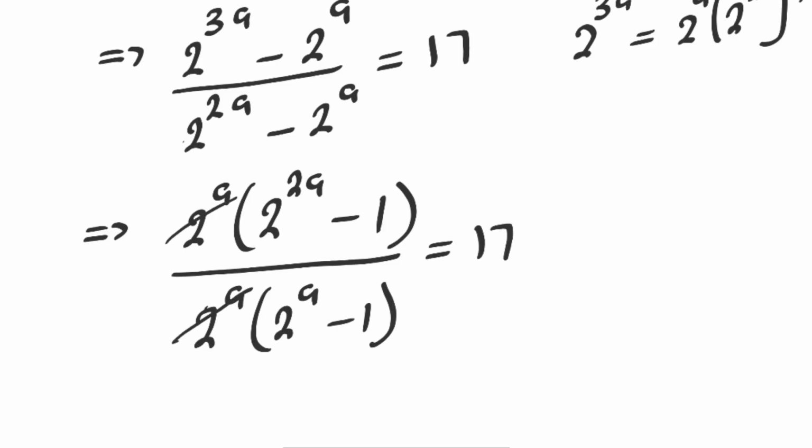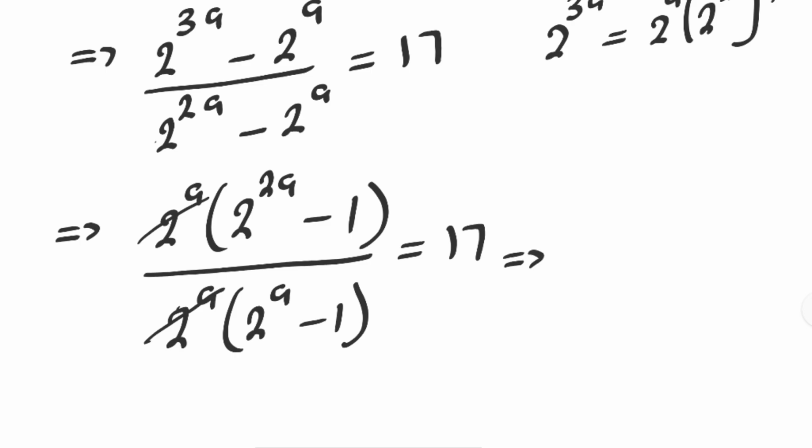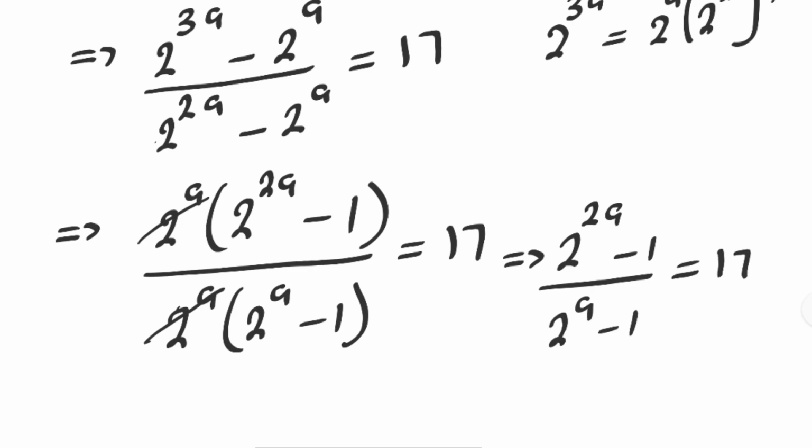This cancels this. This can be written as (2^(2a) − 1) / (2^a − 1) is equal to 17.